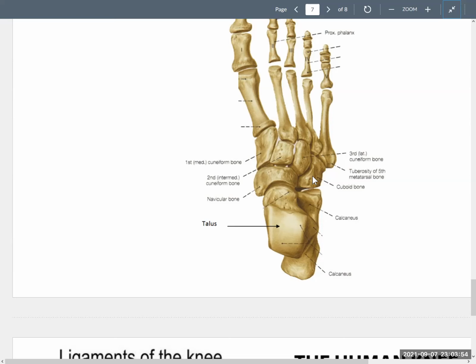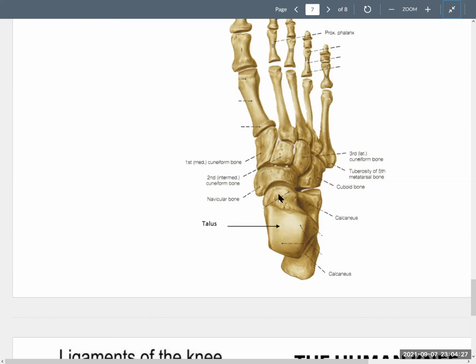And the cuboid will come straight back to the heel, the largest of the bones. This is the calcaneus. Sitting up on top of the calcaneus is the talus. It's all of this. The talus is the only bone of the foot that has any articulation with the rest of the body.